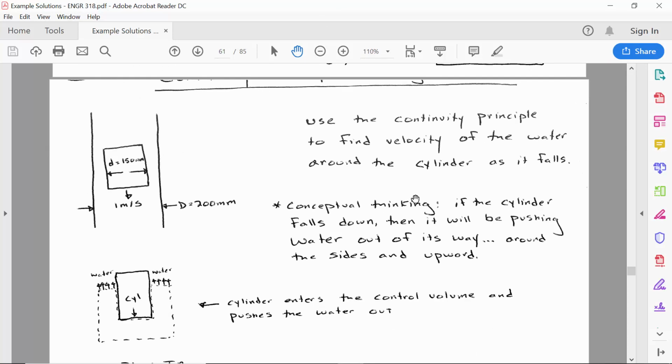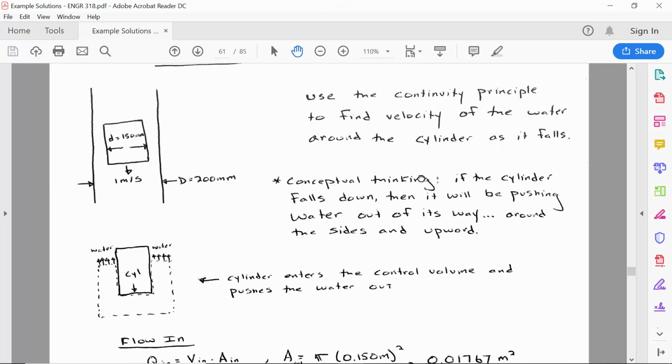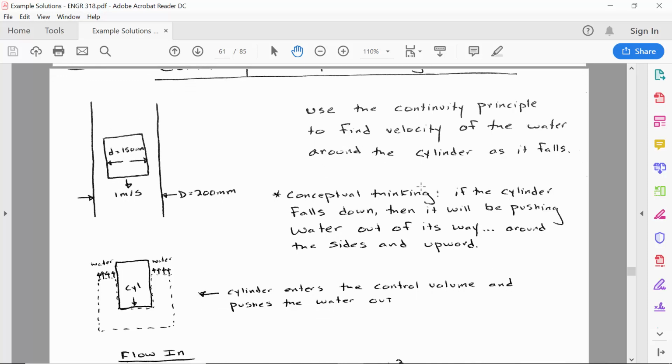Okay, so let me have you pause for just a moment before you get into the number crunching, and let's make sure that everyone can visualize what's happening. So the cylinder's falling down, and as it falls down, it's pushing water out of the way. So I've drawn some control surfaces here.